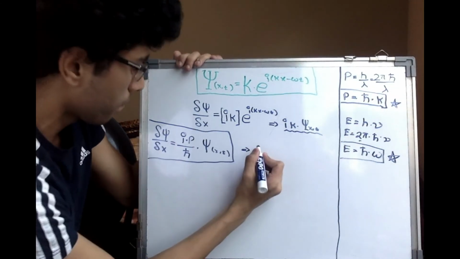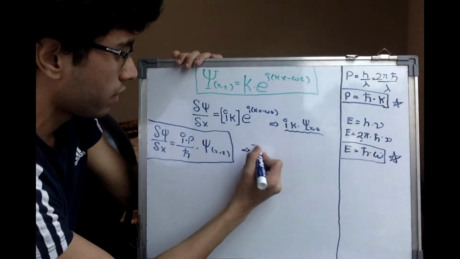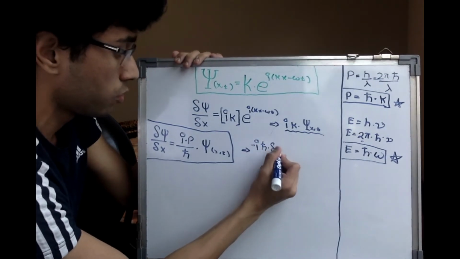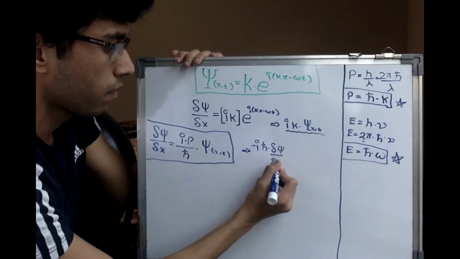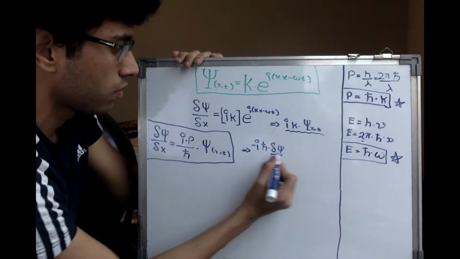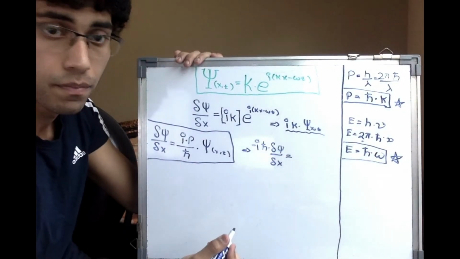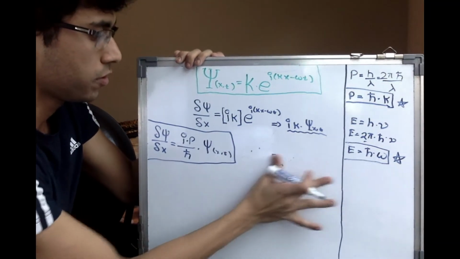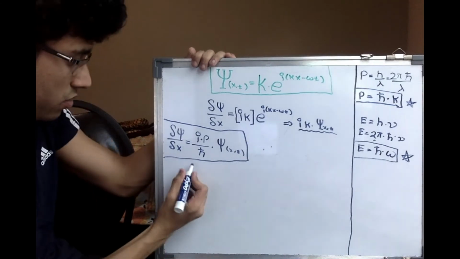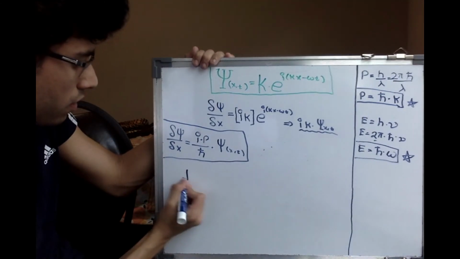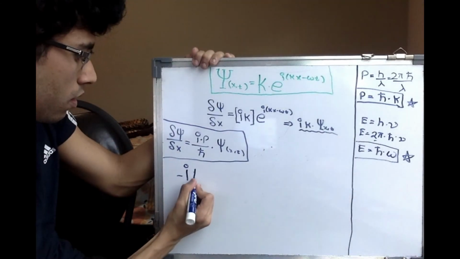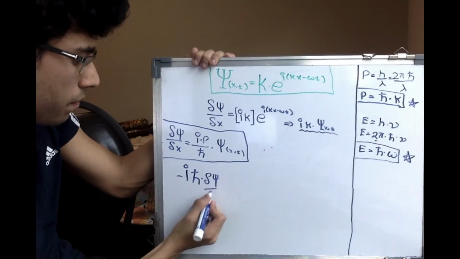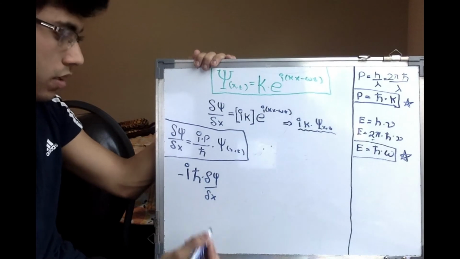So what if I say negative i h bar times the partial of psi with respect to x?